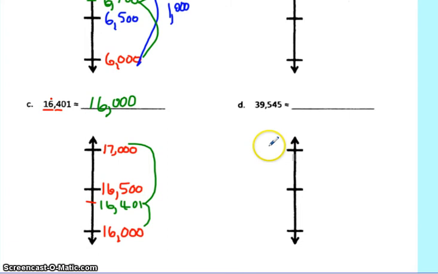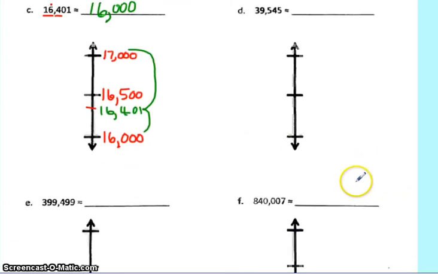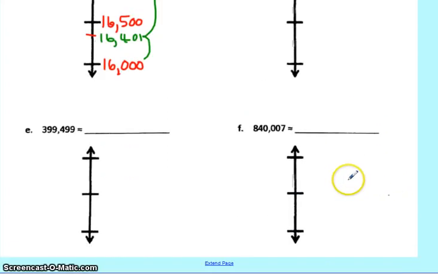Alright, well, let's take a look at a little harder one here, and that is F. So, again, don't let the larger numbers throw you off. We know that we're looking to round this to the nearest thousand. This digit 0 here is in the thousands.